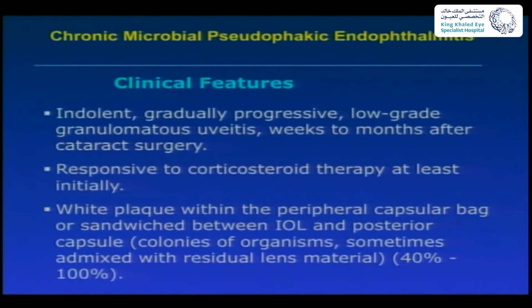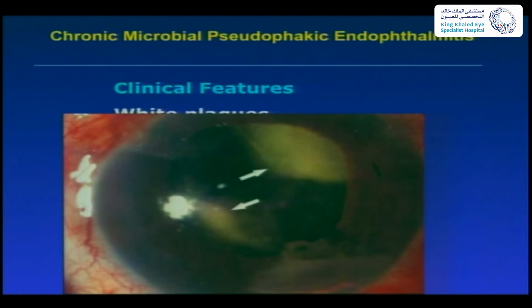One of the typical clinical features of the disease is the presence of white plaques within the peripheral capsular bag or between the intraocular lens and the posterior capsule. These white plaques represent colonies of organisms, sometimes mixed with residual lens material. This is an important sign because it can be present in 40% to 100%. This is an example.